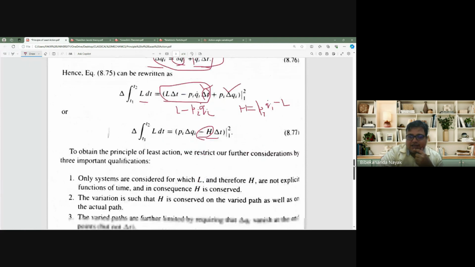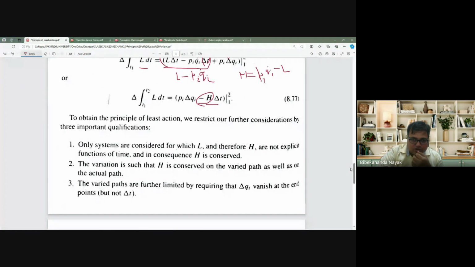To get the exact principle of least action, we consider three important qualifications. Only systems are considered in which L and H are not explicit functions of time. Since it is a conservative system, the Lagrangian is independent of time, so also the Hamiltonian is independent of time, and consequently it is a conserved system.